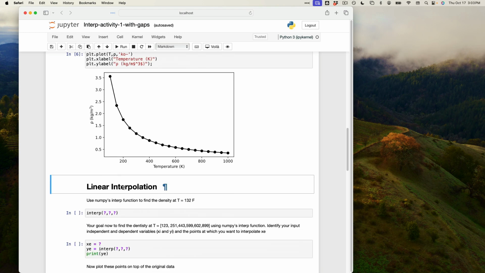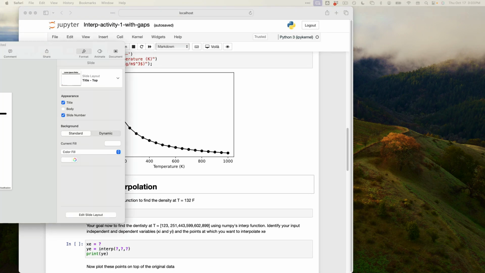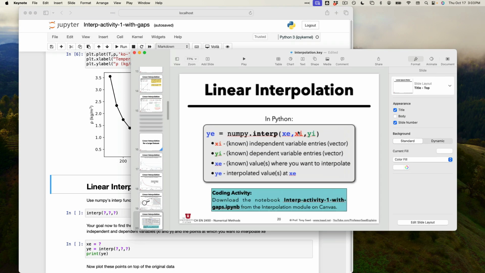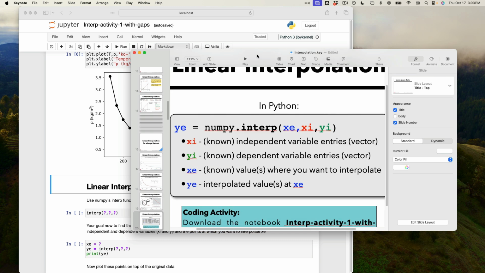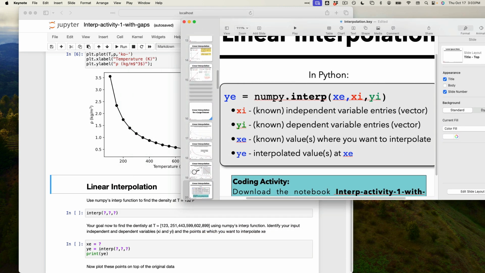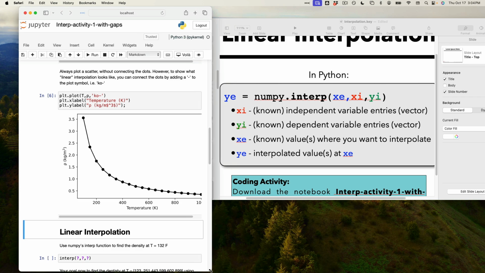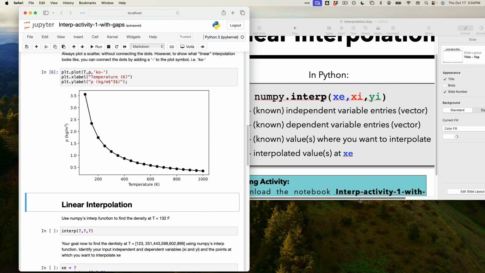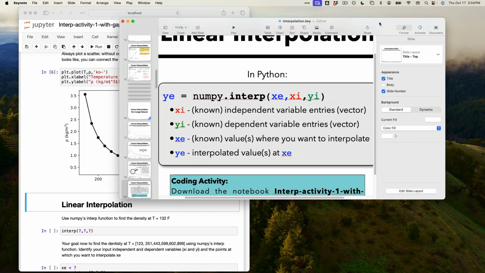Let's start now with doing linear interpolation, but for a single value. So I'm going to move the window here. Remember, this was our formula for our interface for how to use Python to do linear interpolation.